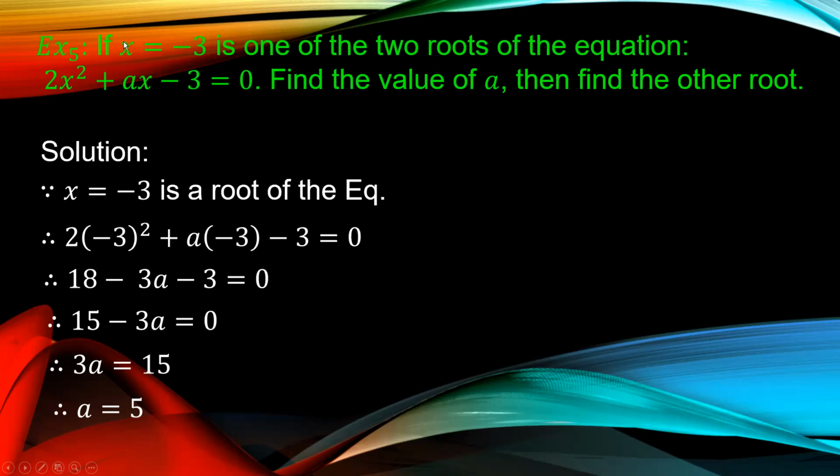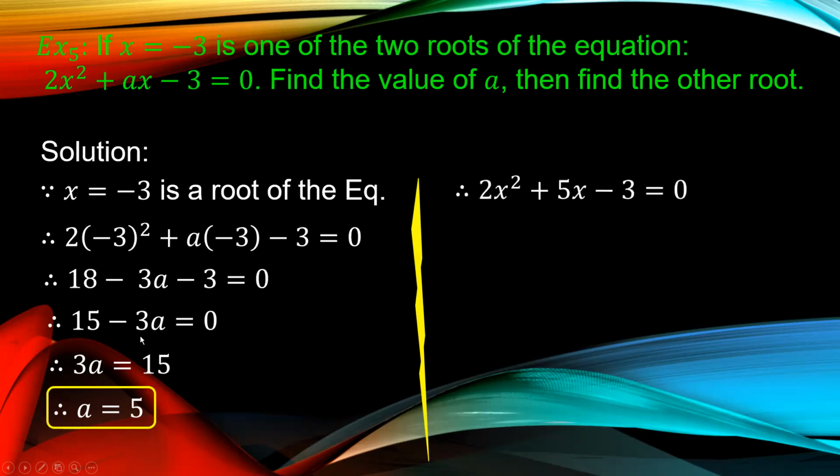Again, substituting x equals negative 3, one root, in the equation, I get the value of a. I will write the value of a. Then 2x power 2 plus 5x minus 3 equals 0. Here, the second request is to find the other root. You can use factorization or the general formula.